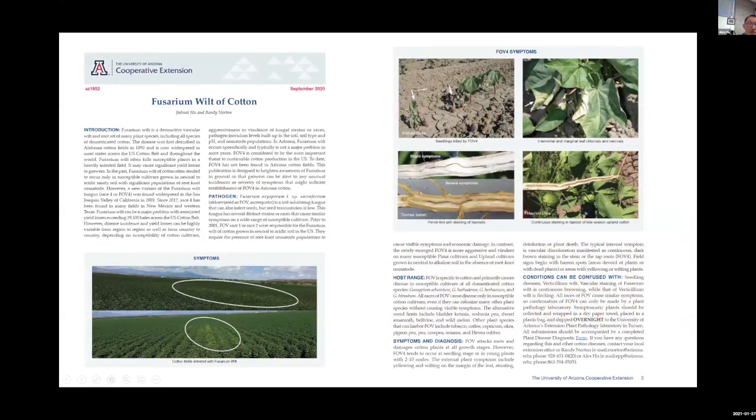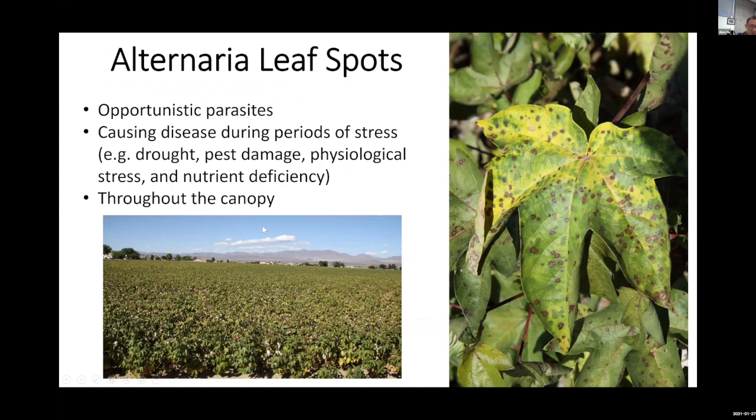This information has been summarized in this extension publication, and it's available online, and you can find it. The last one I want to briefly mention is Alternaria leaf spot, and this is a fungal disease. Alternaria is really an opportunistic pathogen.